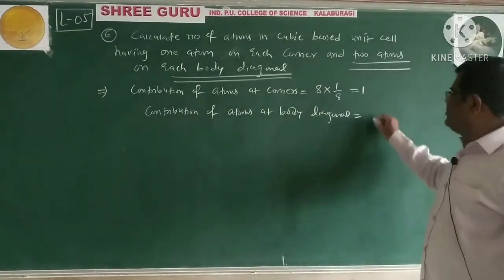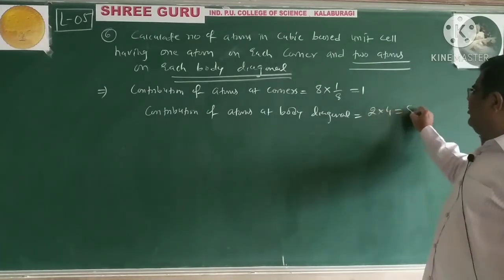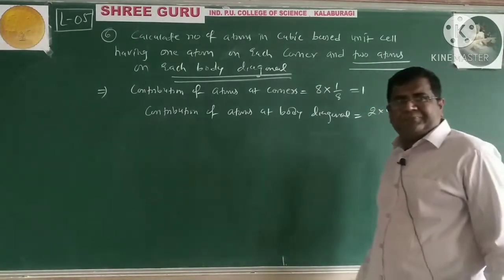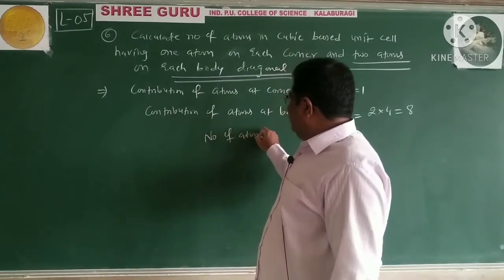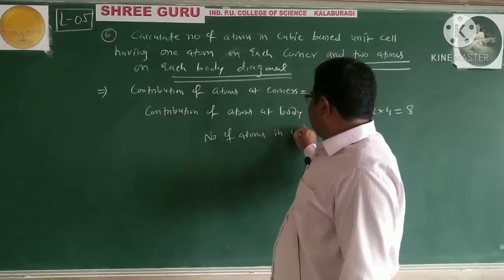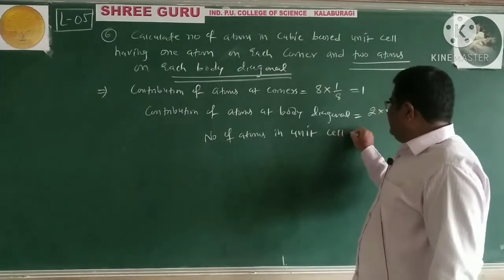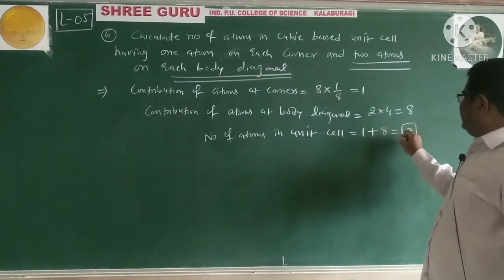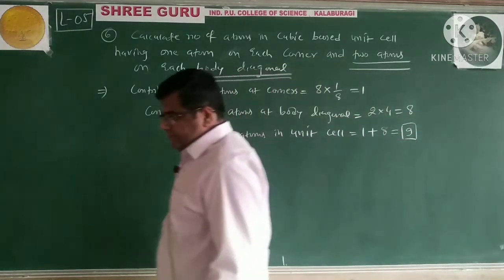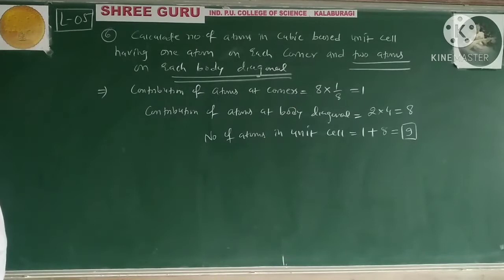So you can say 2 multiplied by 4, that equals 8. So number of atoms in unit cell is 1 plus 8 equals 9. This is the answer for all this description which is given in the question. So this is question number 6.